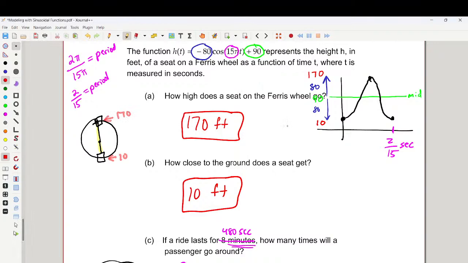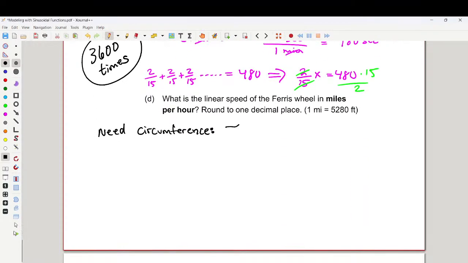That's 170. That has to be 160. Circumference.